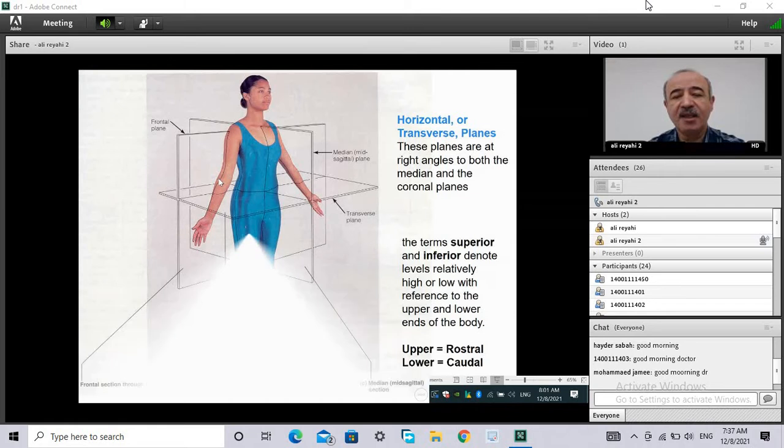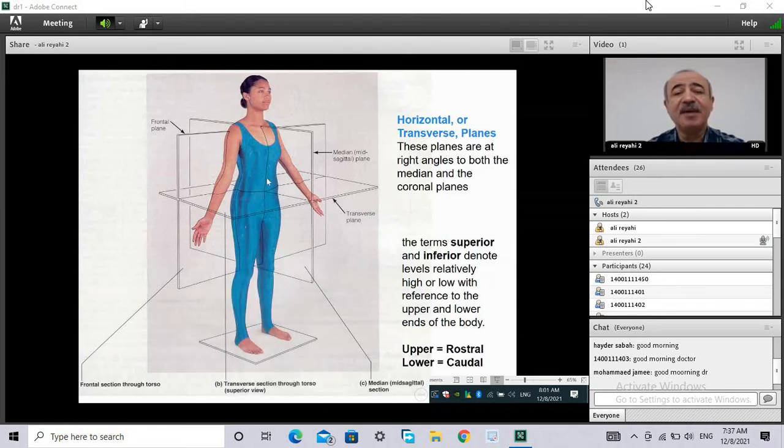The other plane that passes through the body is called horizontal or transverse. The horizontal or transverse plane divides the body into upper and lower halves.